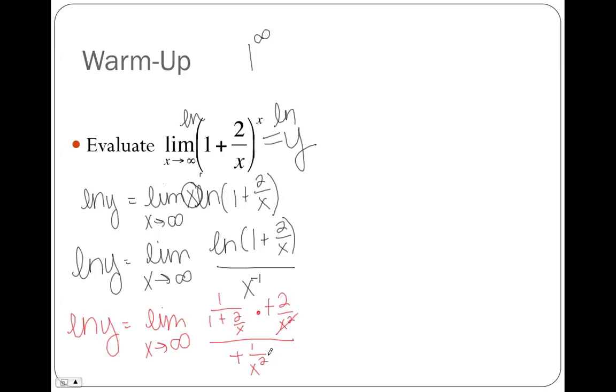My 1 over x squareds divide out. However, this 2 does not. And so I'm left with the limit as x approaches infinity of 1 over 1 plus 2 over x times 2. If I substitute my infinity, this term goes to 0, and I'm left with 1 over 1 plus 0 times 2, and that's 2.